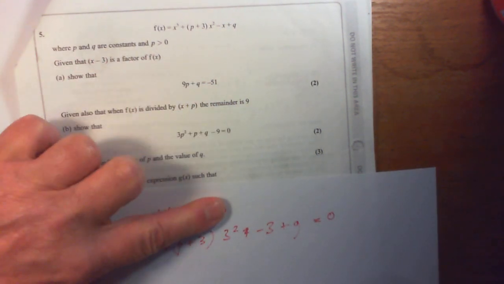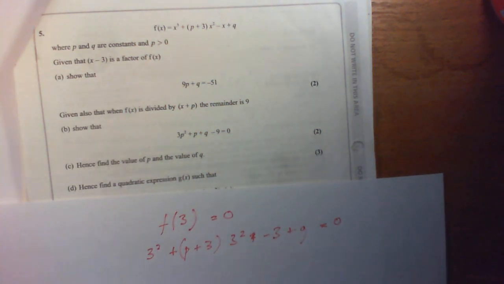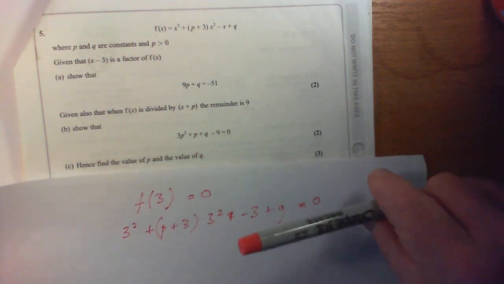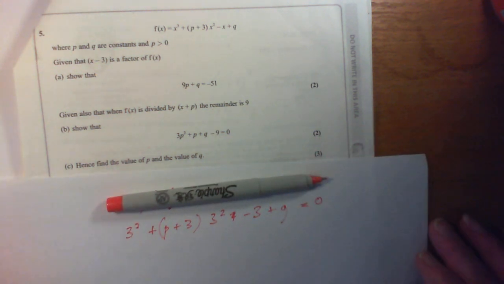Okay, so some people would just steam in and write down an equation like that. If you just steamed in and wrote a line down like that, that is correct.